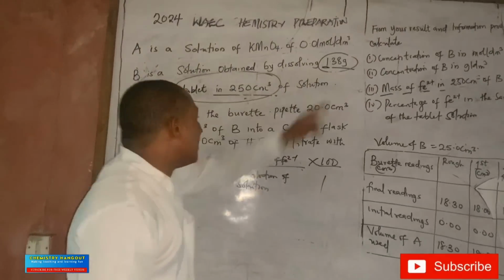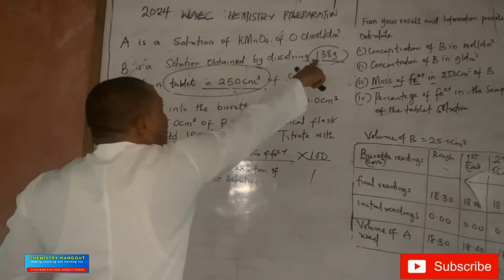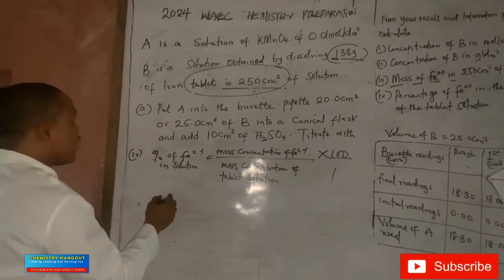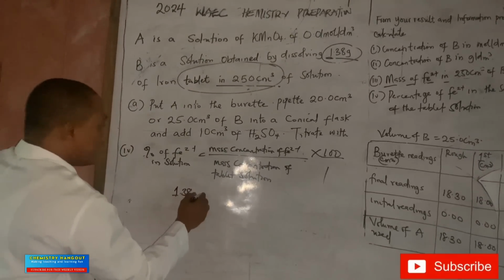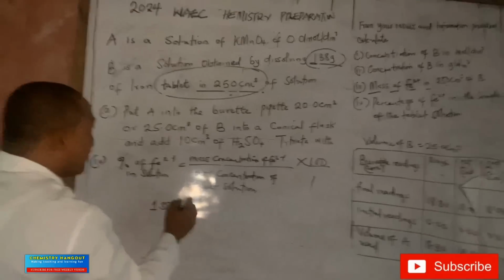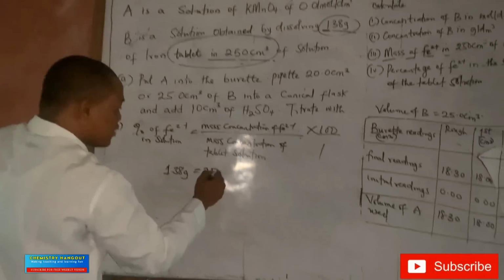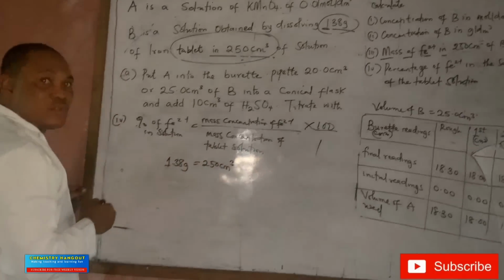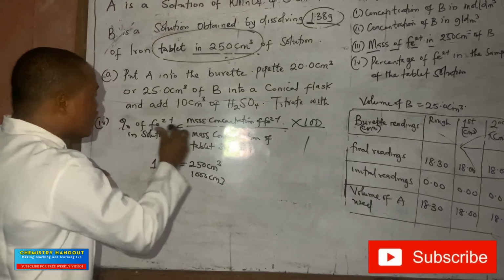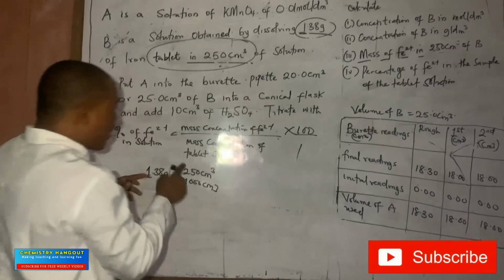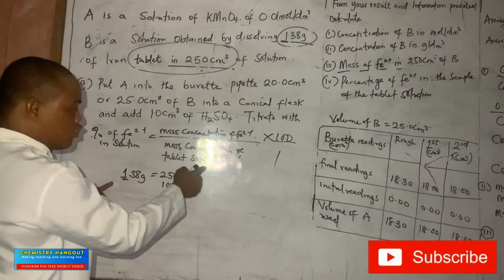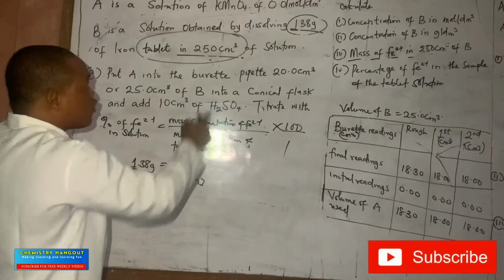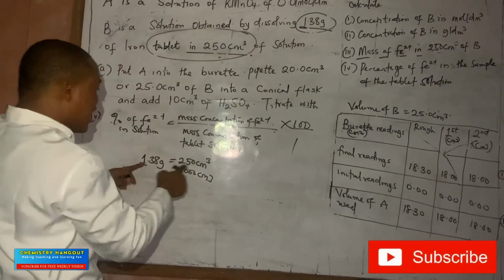So we are coming to this place. From this equation that they give us, they told us that we have 1.38 gram of the iron tablet in 250 centimeter cube. Understood how I got this, 1.38? Because we are looking for the mass concentration of the tablet solution now. We are looking for the concentration of the solution, and they told us 1.38 gram is in 250.